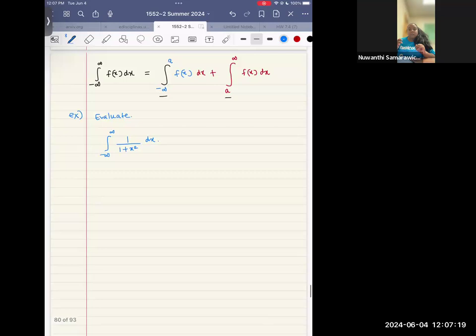Let's assume a is equal to 0, because it is easy if we use a equal to 0 when we are using the upper limit and the lower limit. That's why I chose it, and so it is convenient.